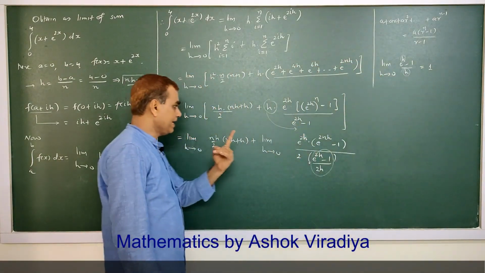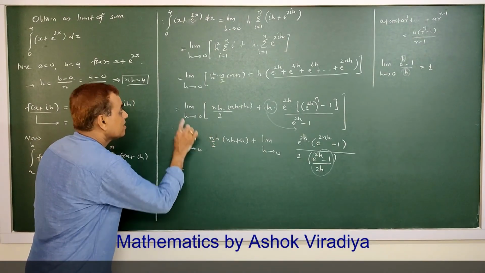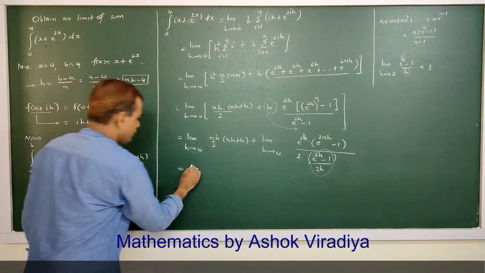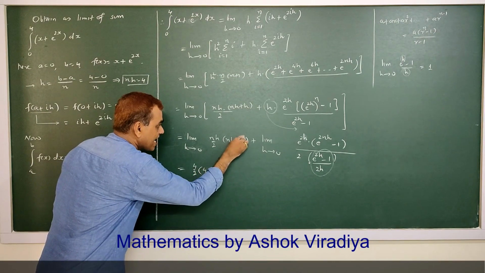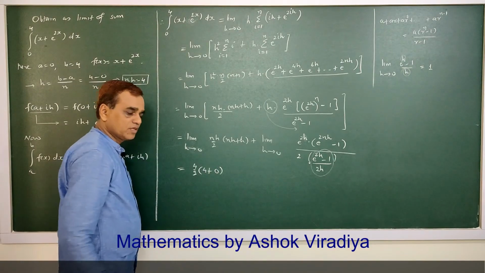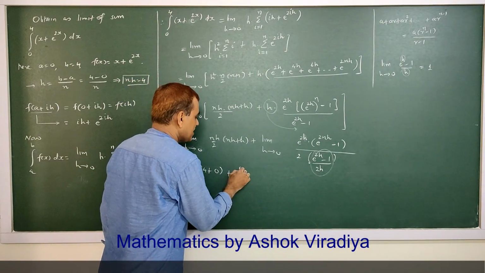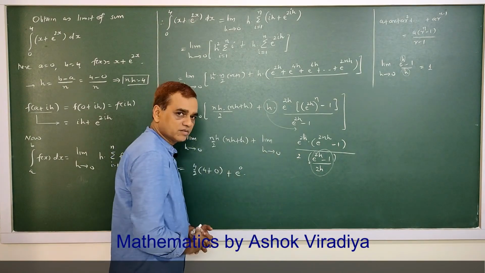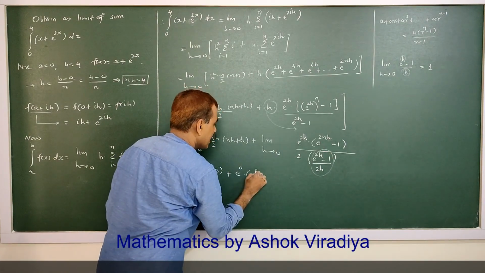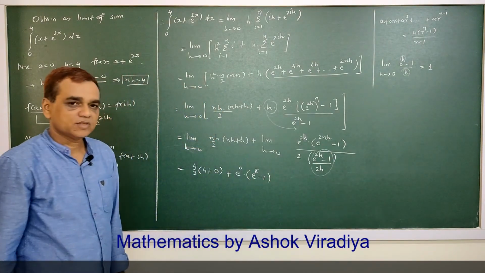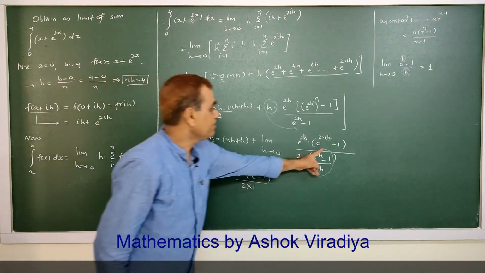So now putting the limit, it is equal to: nh is 4, so 4 by 2 into 4, plus, wherever you find h alone, keep 0, plus e raised to 2h, h is 0, h was alone, into e raised to 4 into 2, that is 8, upon 2 into 1, this will be 1.